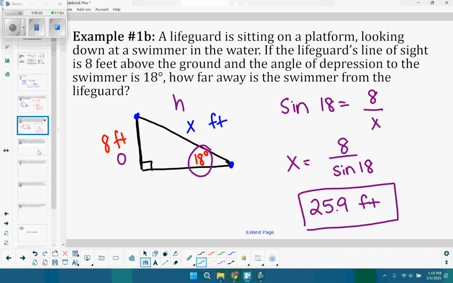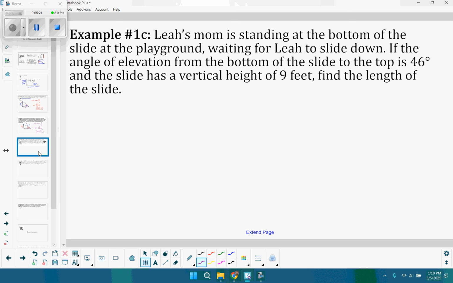Some more examples together. Leah's mom is standing at the bottom of the slide at the playground, waiting for Leah to slide down. The angle of elevation from the bottom of the slide to the top is 46 degrees, and the slide has a vertical height of 9 feet. Find the length of the slide.